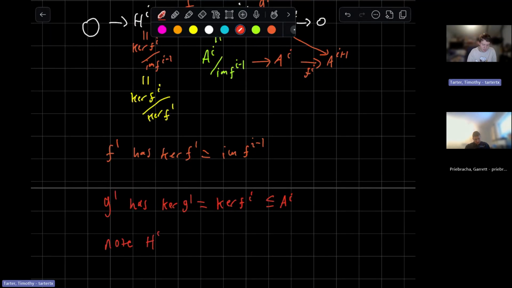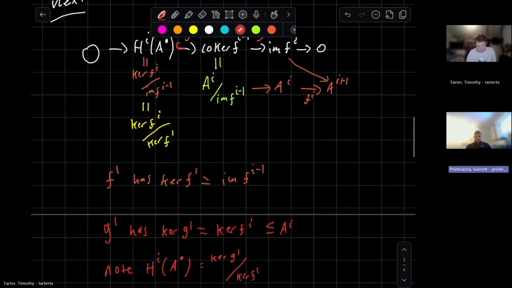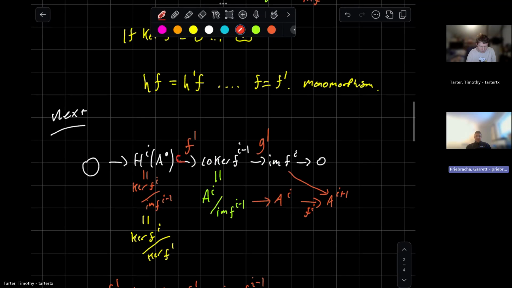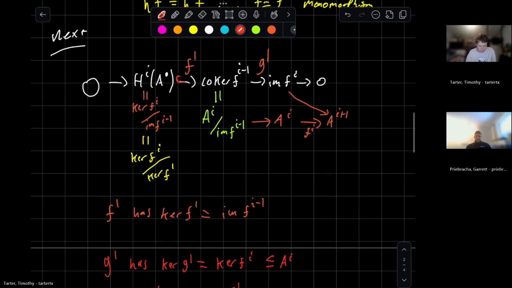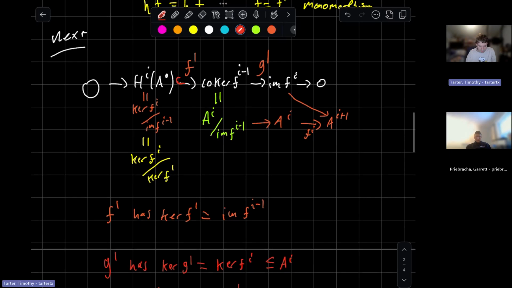I don't know if that's right, but it seems right. I mean, I'm just substituting the kernel Fi for kernel G prime right there.